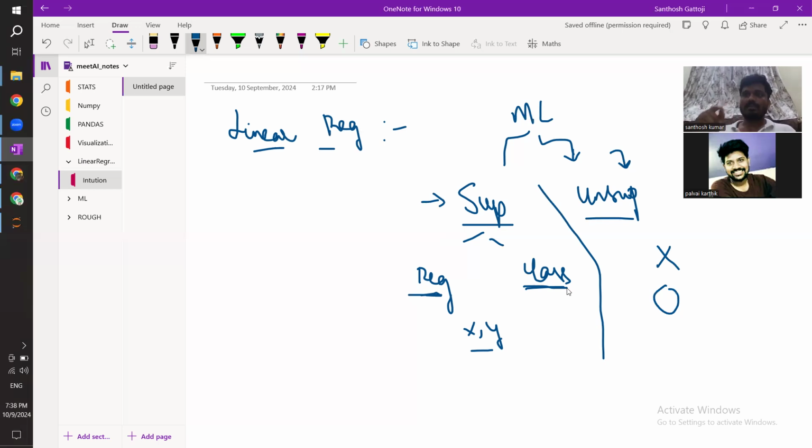Using decision trees you can do regression, and using many boosting algorithms also. Using KNN also, you can in a way use it for regression. Many algorithms are there, but the most fundamental, the first algorithm, is linear regression.